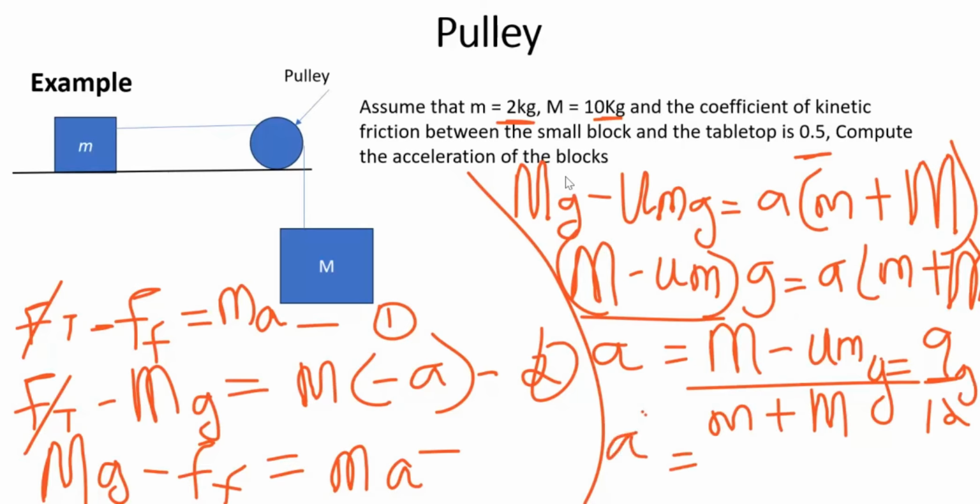When we divide 9 over 12, it will give us 3 over 4. So 3 over 4 g, and g is 10, right?